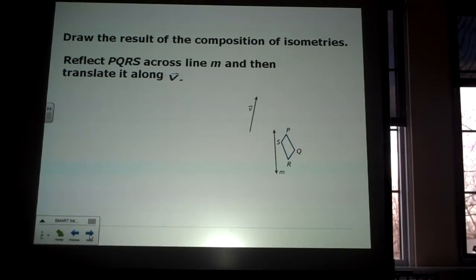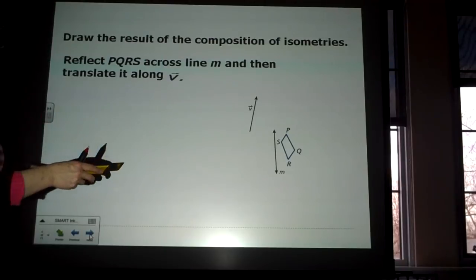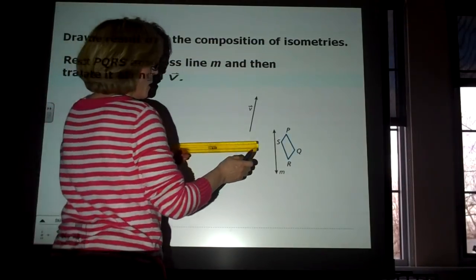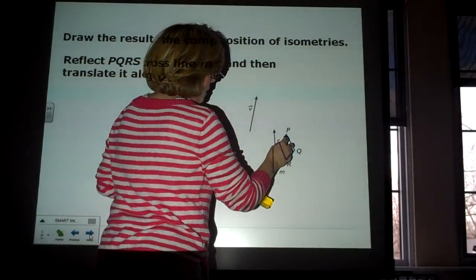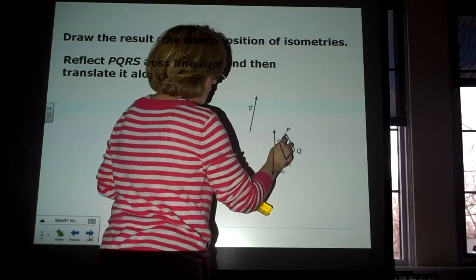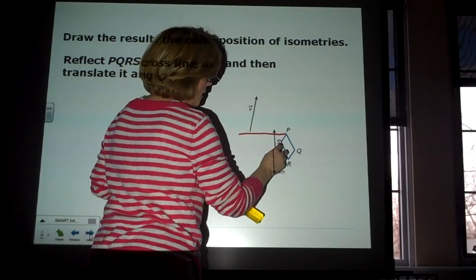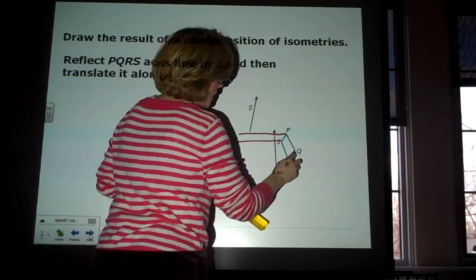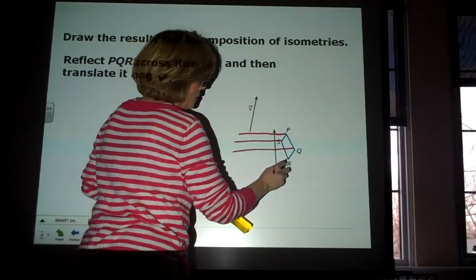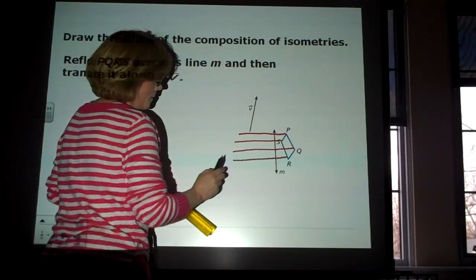So what we're going to do here, let me find my ruler, is draw the result of the composition of isometries. Reflect this quadrilateral across line M and then translate it along vector V. So when you reflect, remember, you've got to draw lines perpendicular to the reflection line, and I'm estimating here, you all should be more precise.